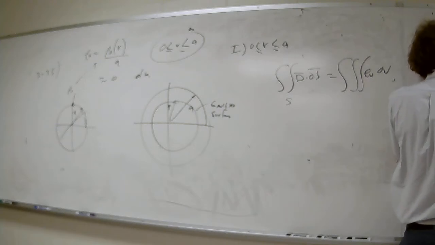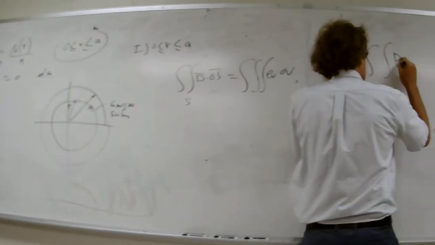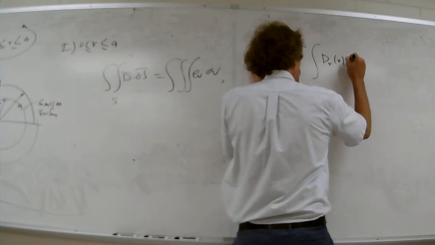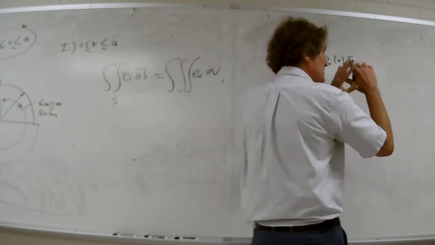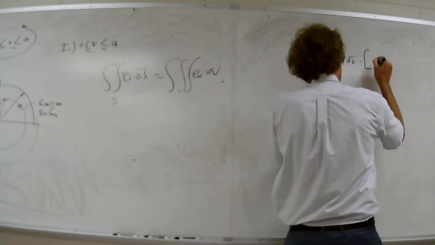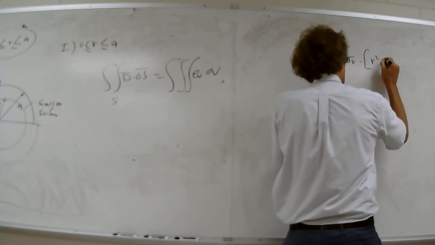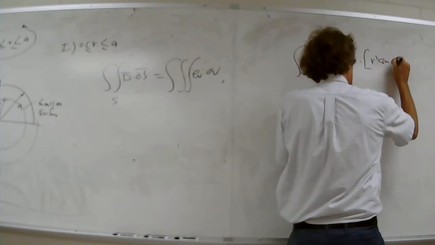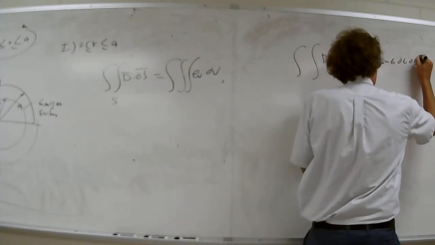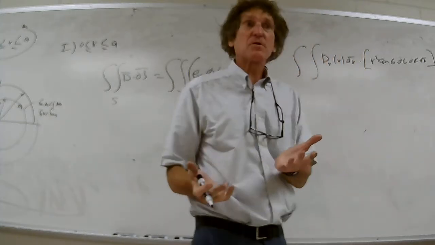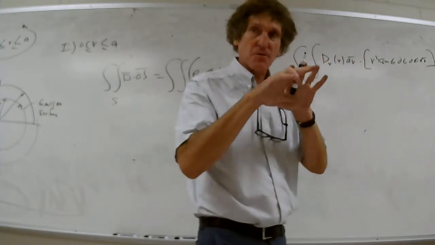D is going to be constant at that distance, D r as a function of r, a r, times the differential surface element in spherical coordinates, which is r squared sine theta d theta d phi in the a r direction. Y'all with me? That's the differential spherical surface.